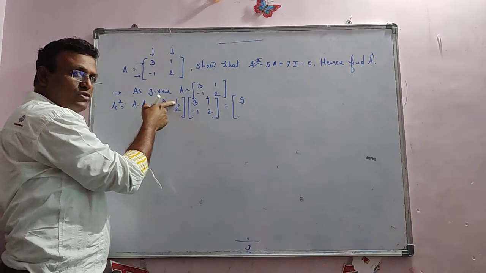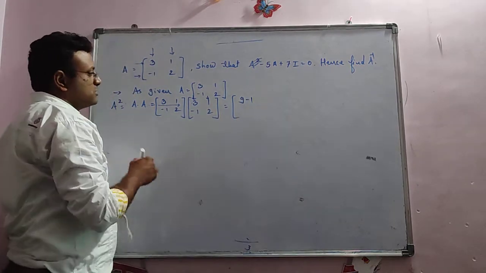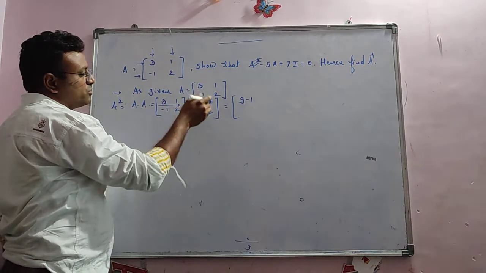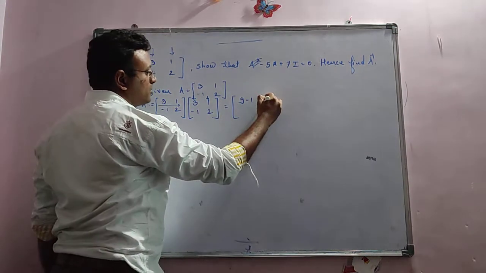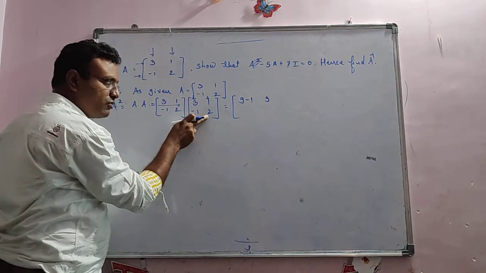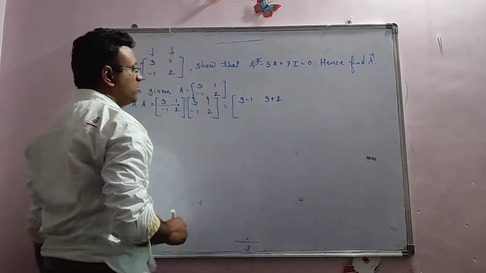Second element of first row and second element of first column: 1 into minus 1, minus 1. Similarly, now change the column. First row, second column: 3 into 1, 3. Second element of first row and second element of second column: 1 into 2, 2. Plus.